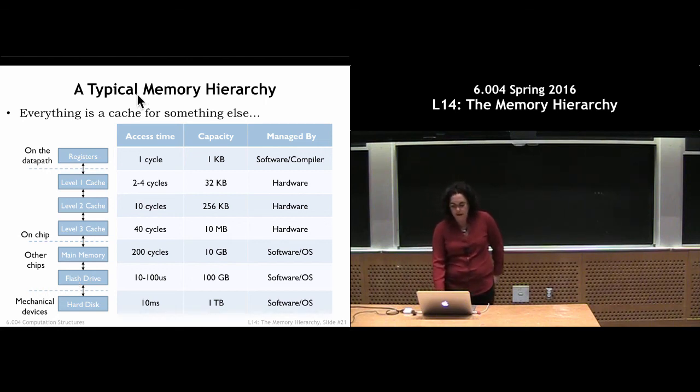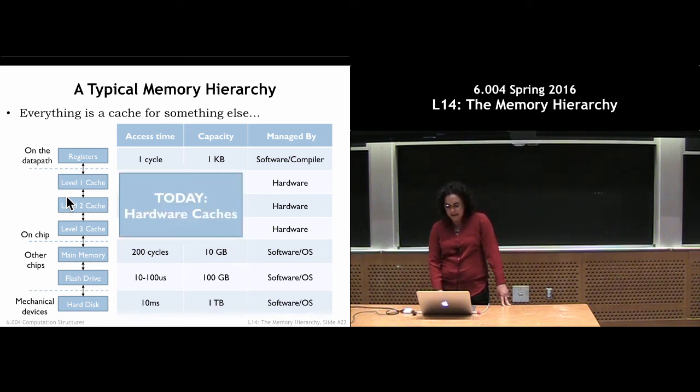And as you go down this table, your access times go up, but the amount of capacity that you can handle goes up significantly as well. You can kind of think of caches as being implemented in two different ways. Today, we're focusing on hardware caches, which are the ones that are going to be built on chip.